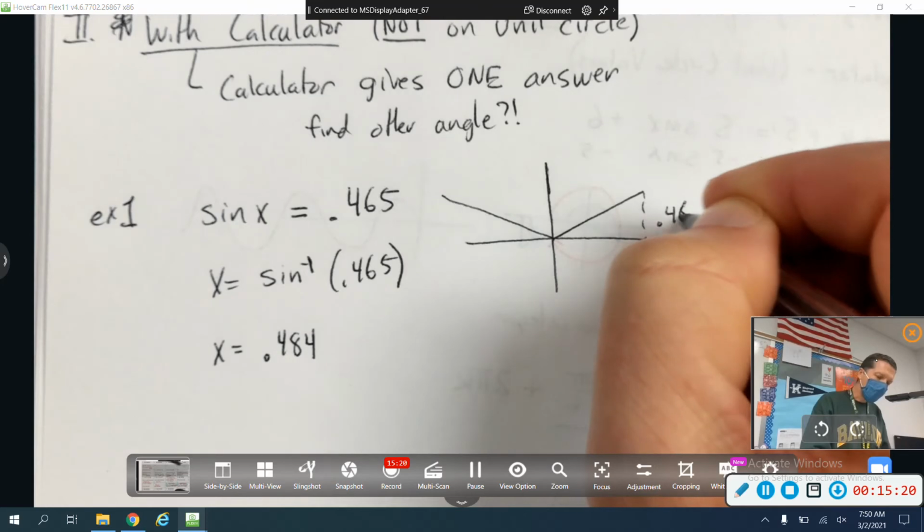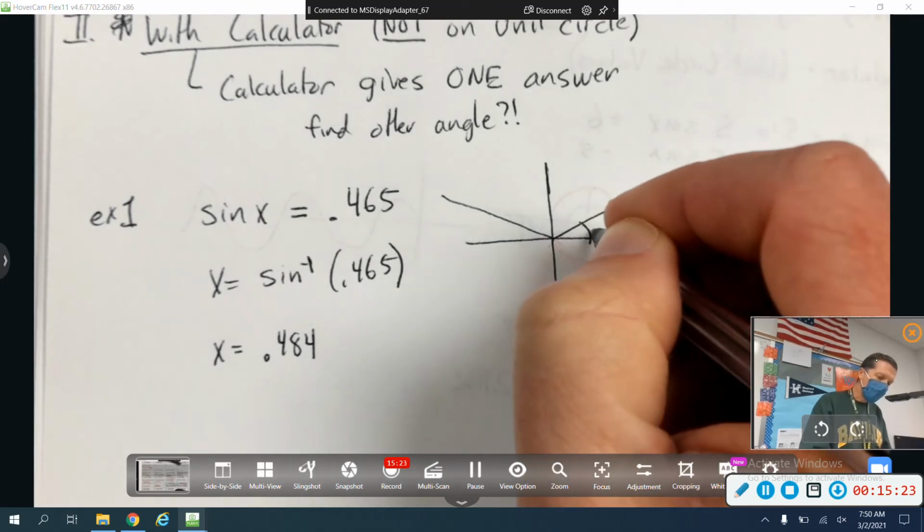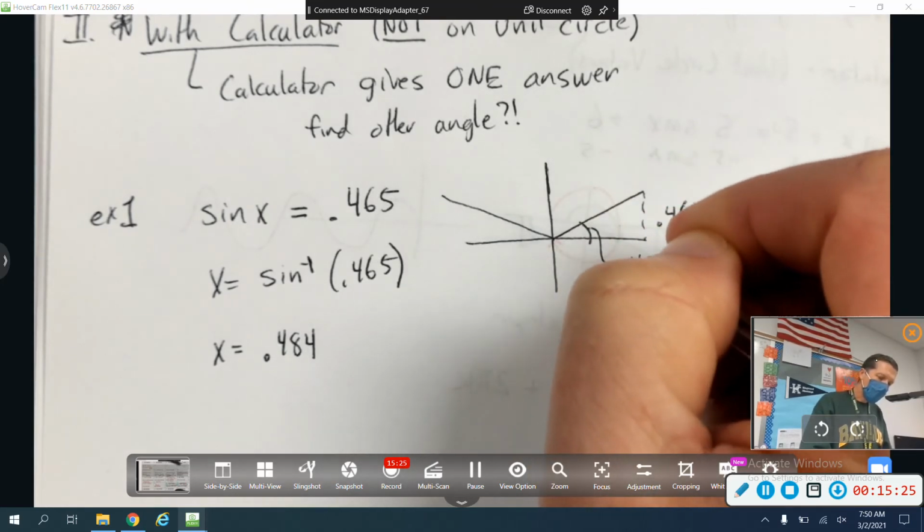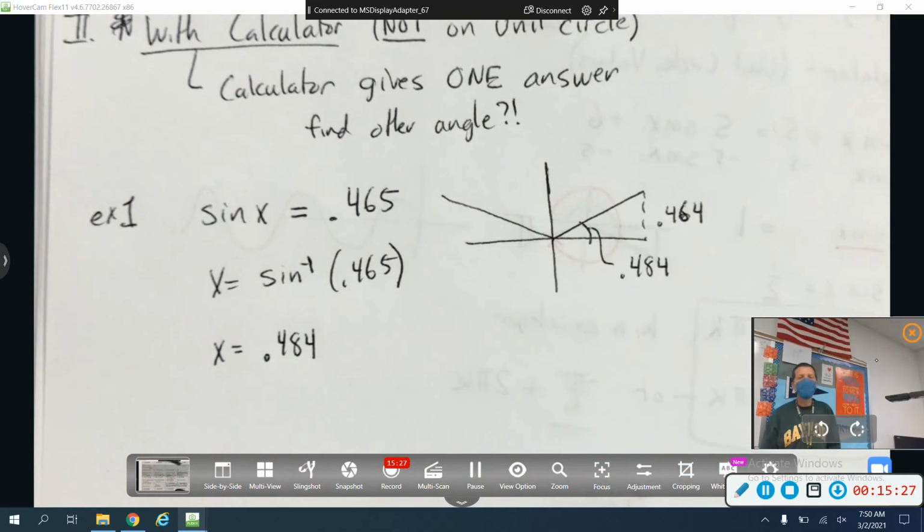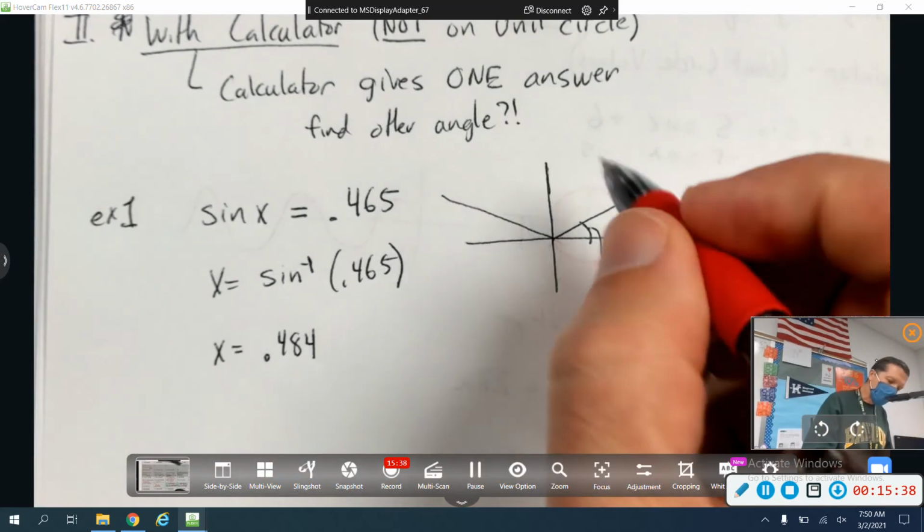No, the height is 0.465. The angle we just found was 0.484 from the calculator. Oops, 0.465. There we go. So I would really like to know what this other angle is.